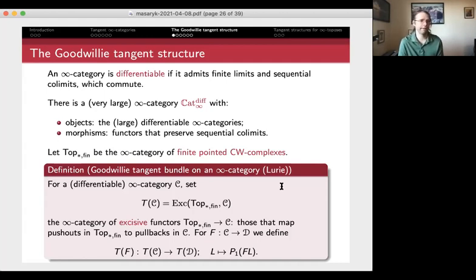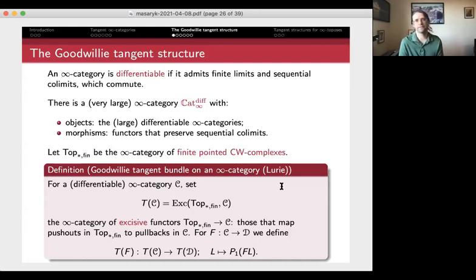So that gives us a definition of T of C, the tangent bundle on an infinity category C. More intuitively, it can be thought of as a collection of categories of parametrized spectra, or spectra over the different objects in C. To say out loud one precise thing: the fibers of this tangent bundle are the stabilizations of the slice infinity categories. This is the analog of the Beck modules or the abelian group objects in the slice categories.